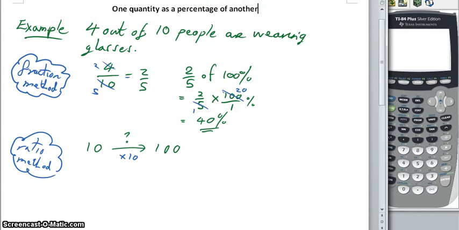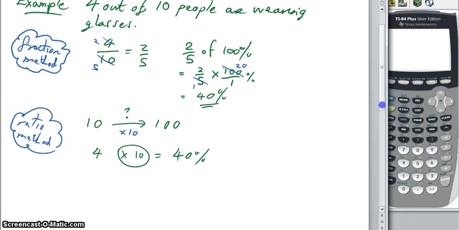But I've multiplied by 10, so 4 times 10 will give me 40. So 10 goes to 100 as 4 goes to 40. There's your 40%. Very simple. Choose whichever method you think is easiest.